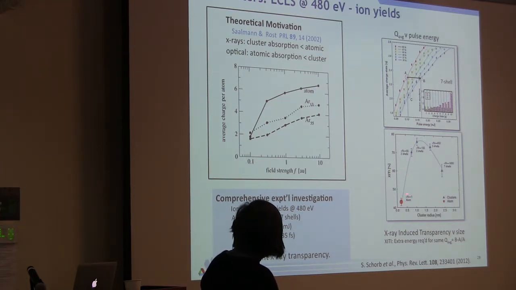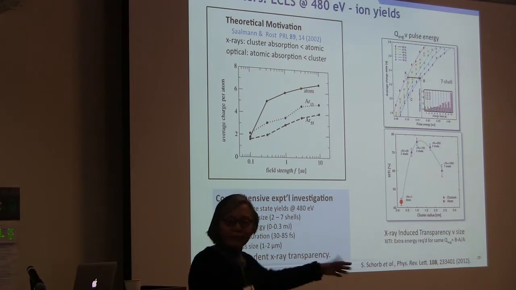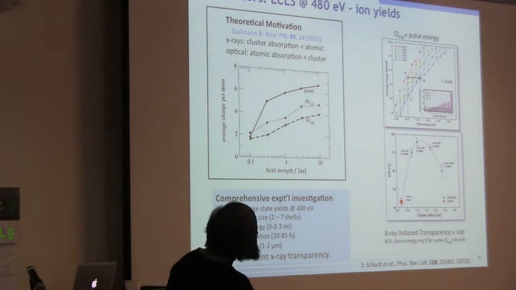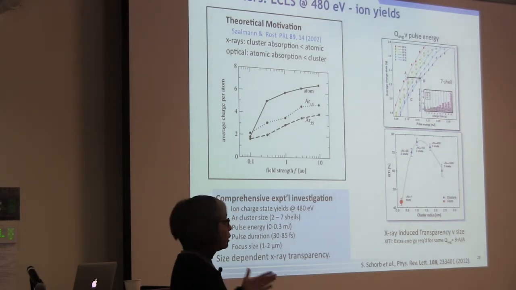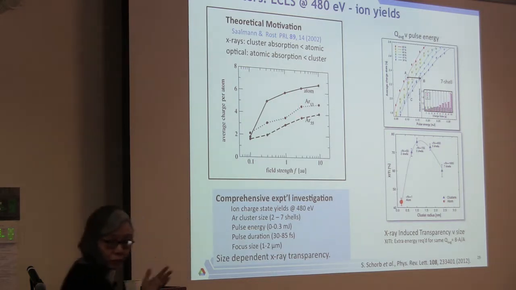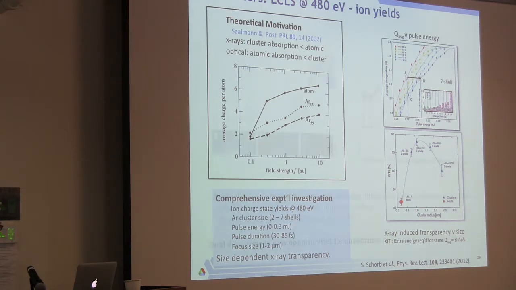It has some value for an atom, but it goes up for a cluster to some weird peak, and it comes back down again. Which, I think, is not totally understood. Maybe it's just a function of the 2 pulse durations that we picked. But in any event, certainly the initial prediction that the absorption in a cluster is less than that of an atom is true. Okay, and so this is one piece of information that we can use to validate.